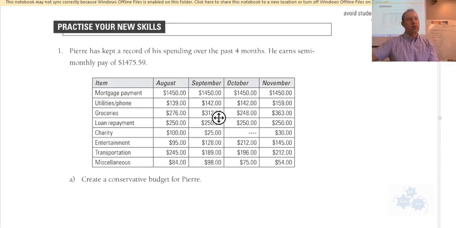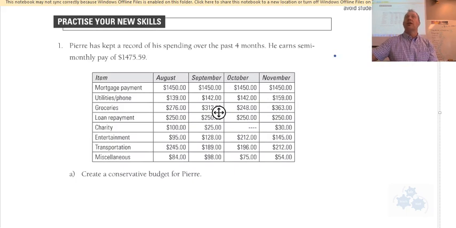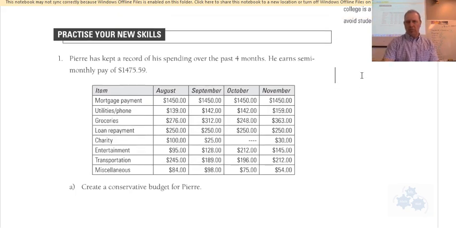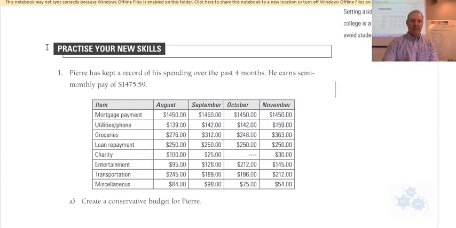Finish that up. Make sure you understand that question. The other questions are optional for you. 5 and 6 are optional. But I do want you to start now and take the rest of the time in class to work on the practice your new skills for 7.2. So you can get those cleaned up. Tomorrow we're going to look at 7.3. So you should be on page 351 starting to practice your new skills.